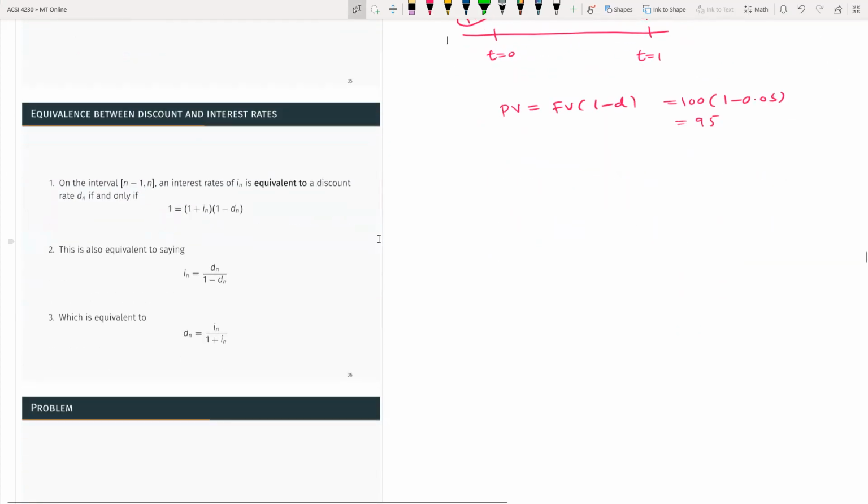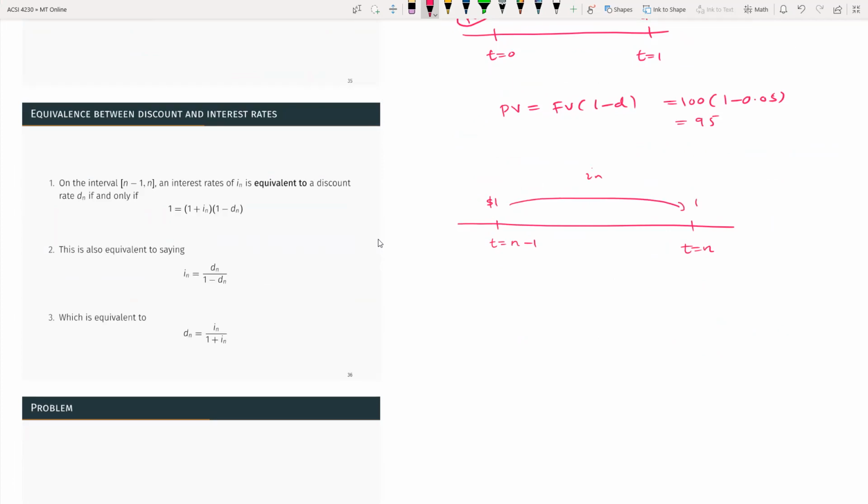So here you can see the connection between interest and discount. So basically, what's going to happen if I draw a timeline here? Let's say the rate would be i_n. Okay. So let's say you have $1 here. Then under interest rate, it's going to grow into 1 times 1 plus i_n. It is 1 plus i_n.